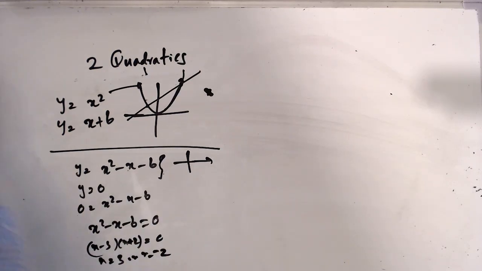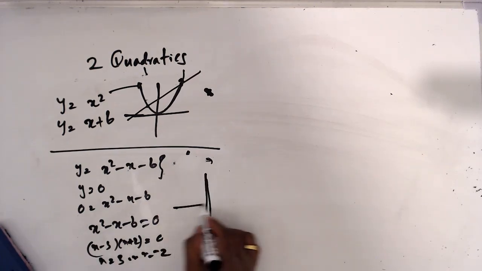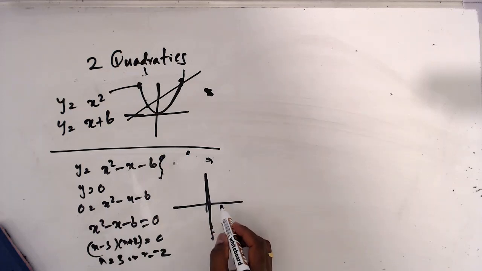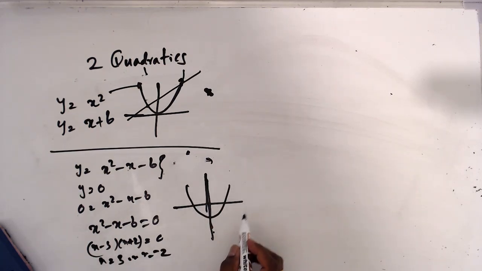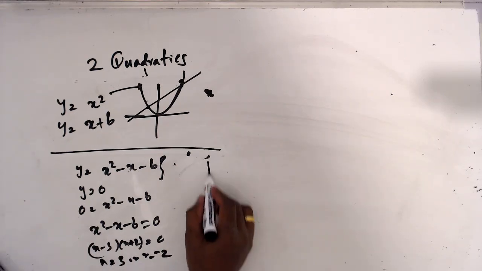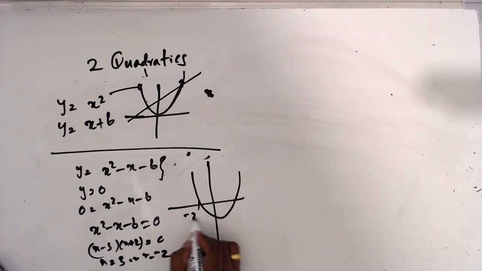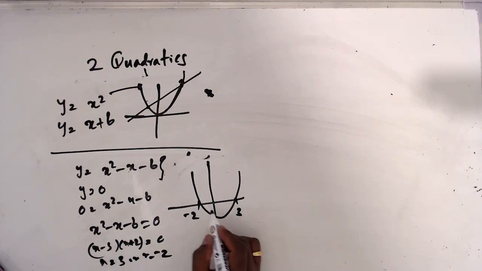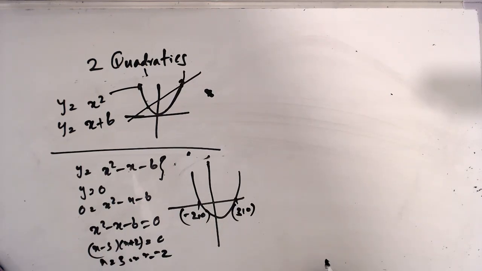So I can draw this one. This is minus 2 and this is 3. I put as a coordinate 3, 0 basically.